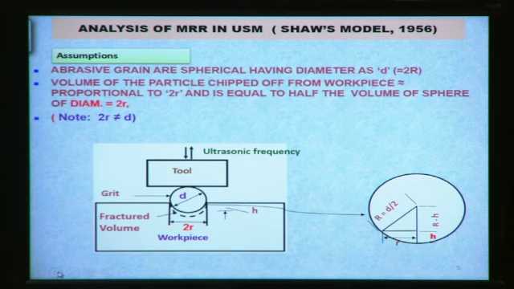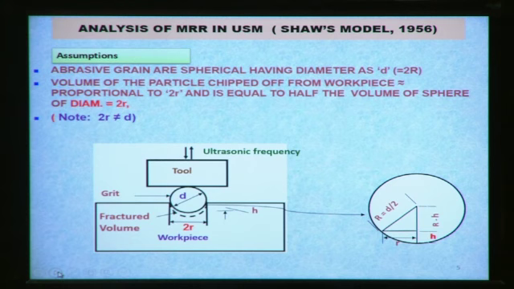Okay, there are a few assumptions for M.C. Shaw's model, proposed in 1956. Here he assumed that the abrasive particles are spherical in shape, having diameter d and radius R. Although these abrasive particles are not actually spherical, for the simplicity of the model he proposed that they are spherical.